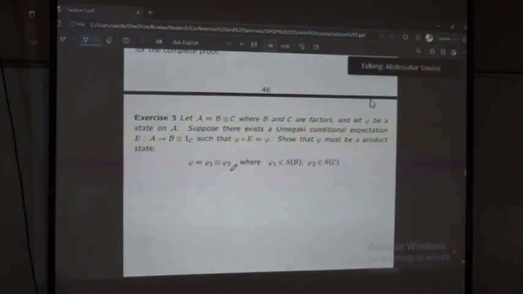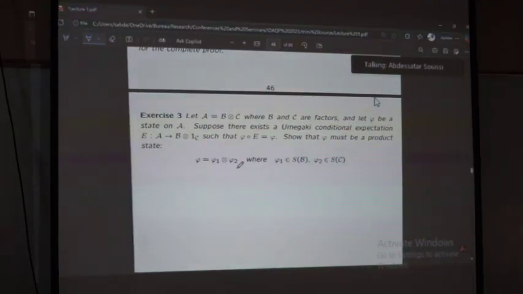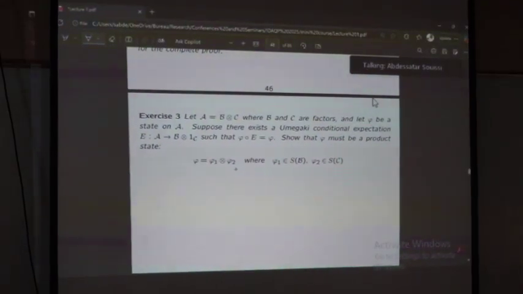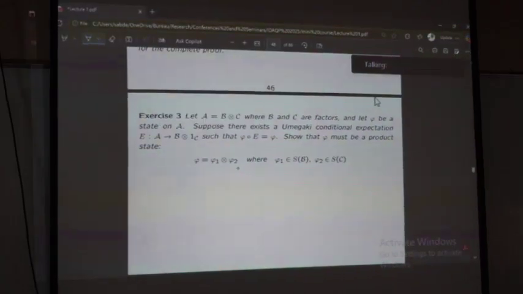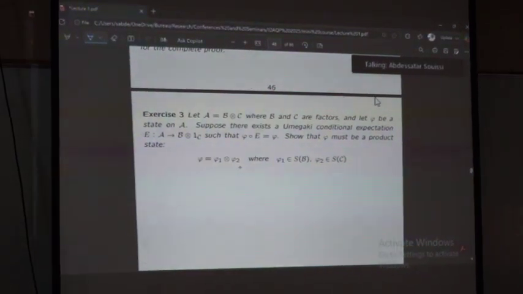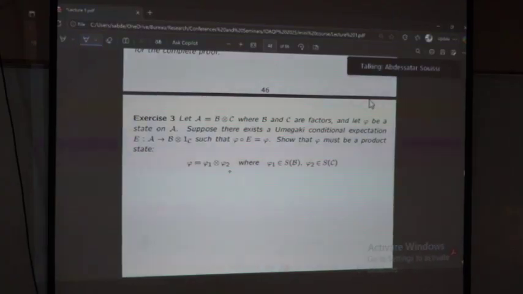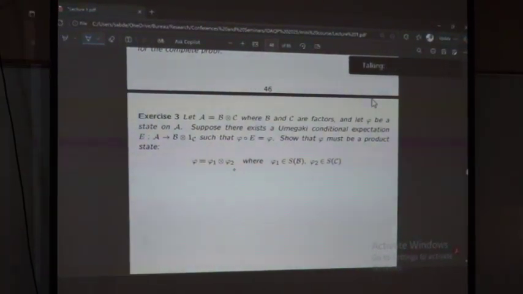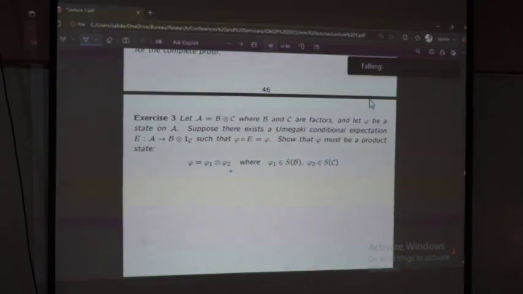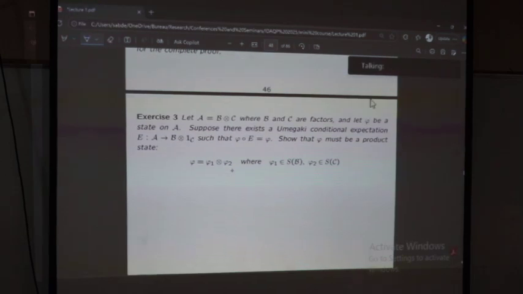And a product state in the quantum case means independence; it is exactly the analog of independent random variables. The distribution given by the state phi is the tensor product of the first distribution and the second distribution.